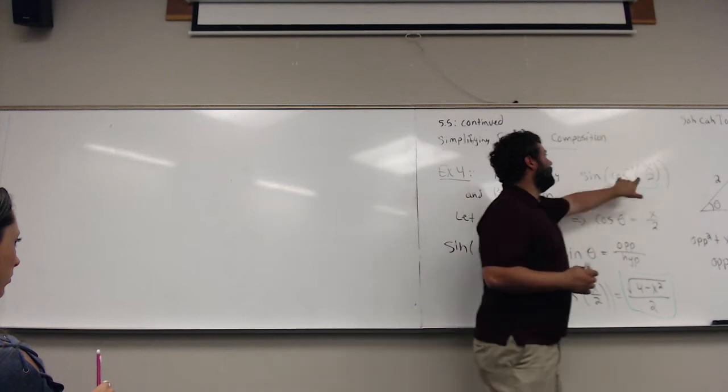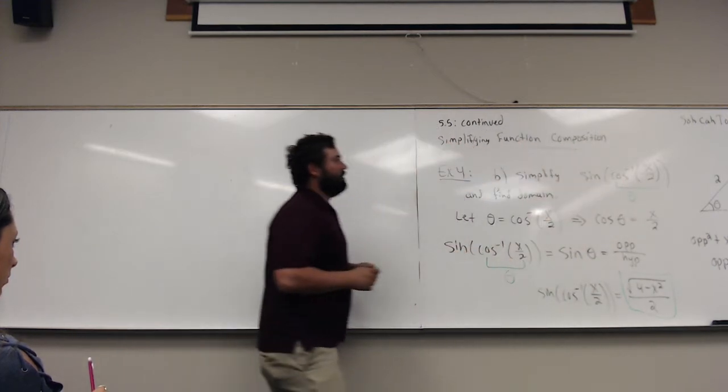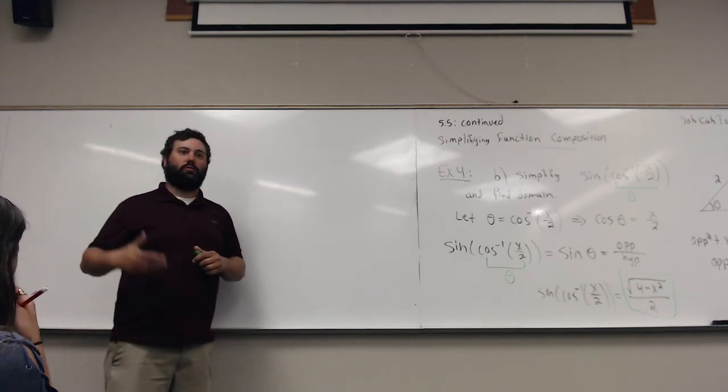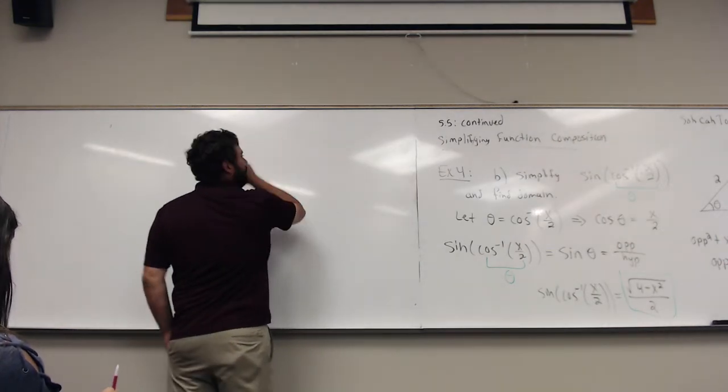So things that get spit out on the inside have to be plugged into the outside. But like I said, since the outer function is sine, it's not going to matter. The domain of sine is all real numbers.